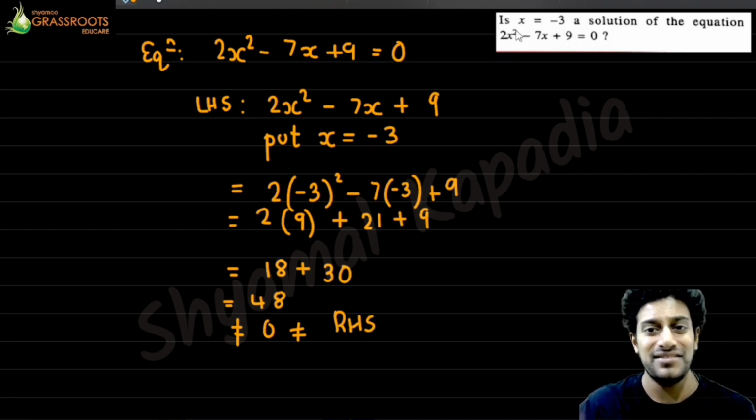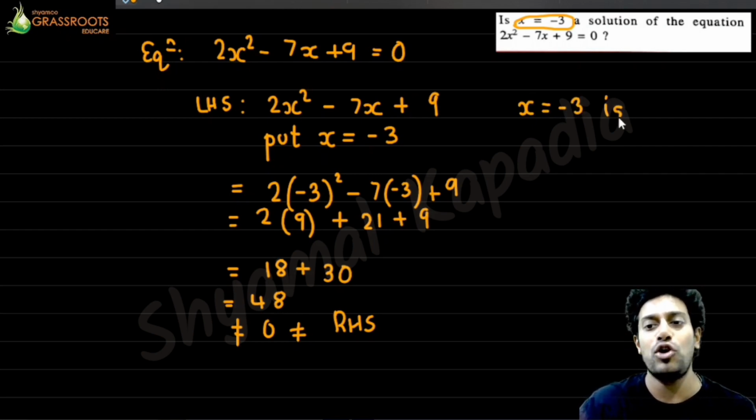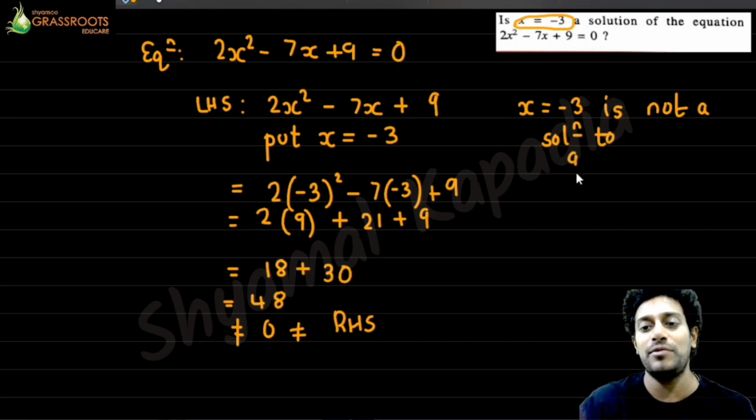Hence x equal to minus 3 is not a solution. So x equal to minus 3 does not satisfy this quadratic equation, is not a root, is not a solution to the given quadratic equation.